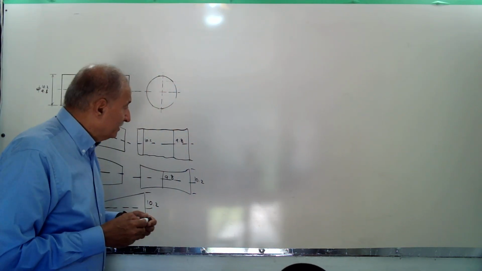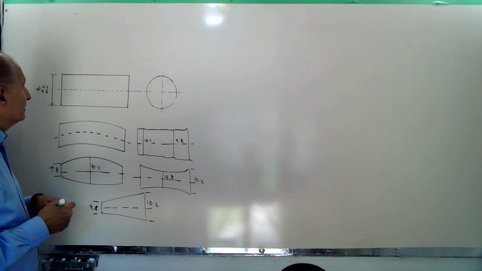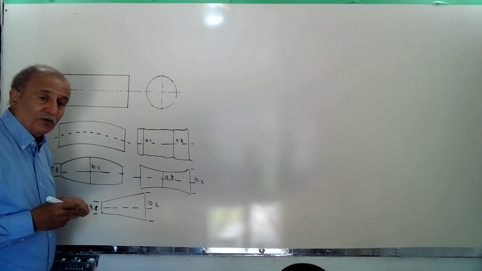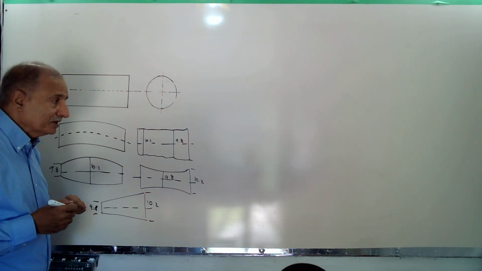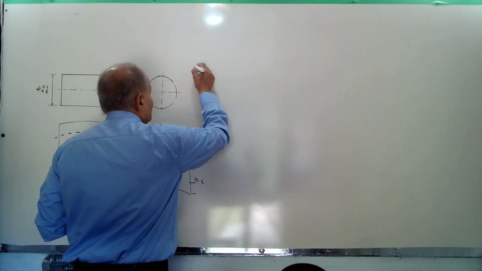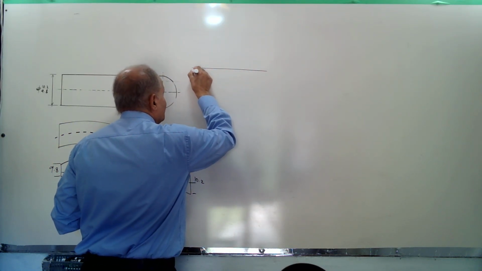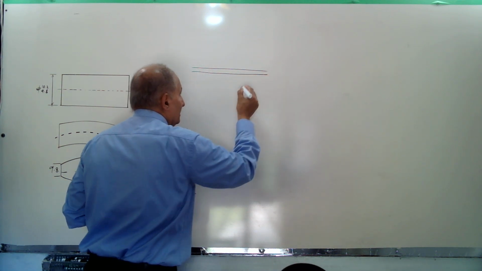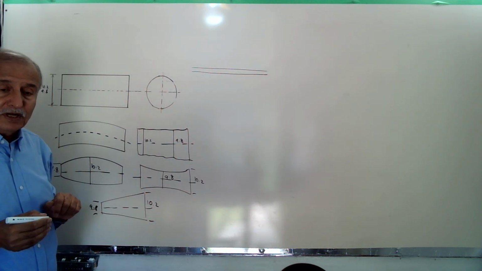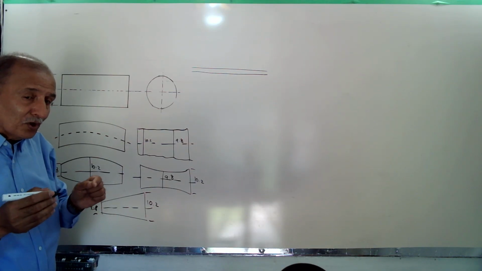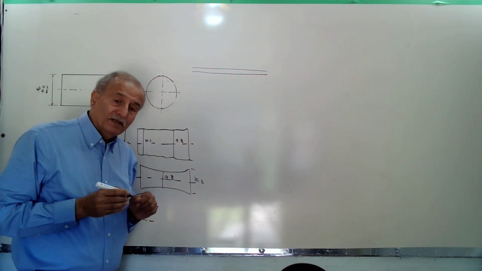Geometric tolerance talks about the straightness. It says that if I choose one line from the external surface of the part and test it, it must lie between two parallel lines. I give you a zone. A zone is a space between two parallel lines. How much is this zone size?